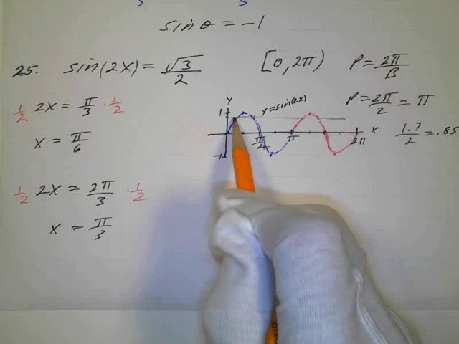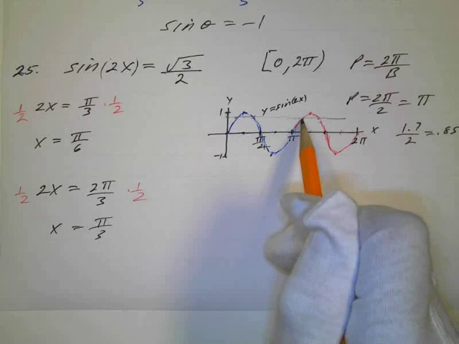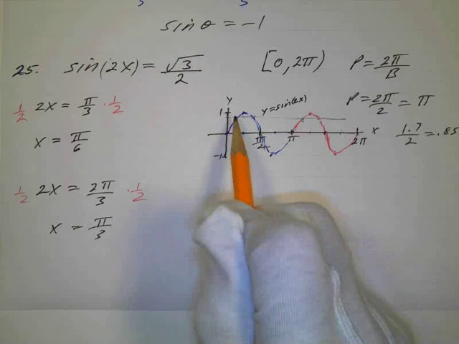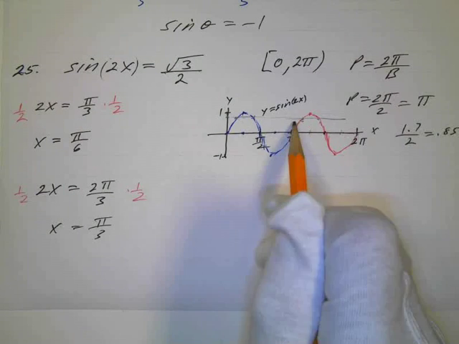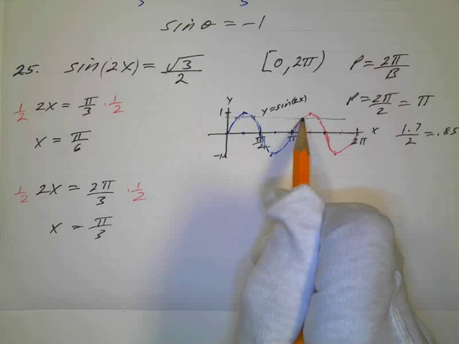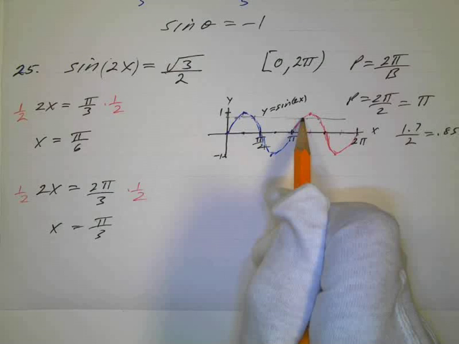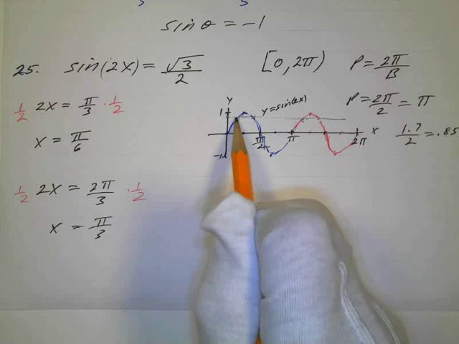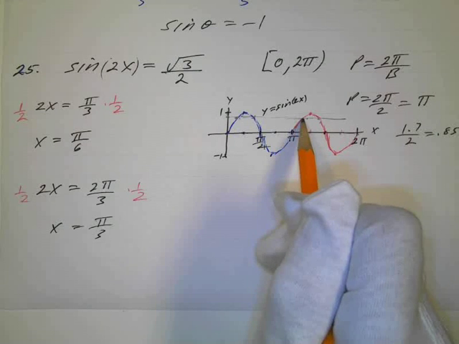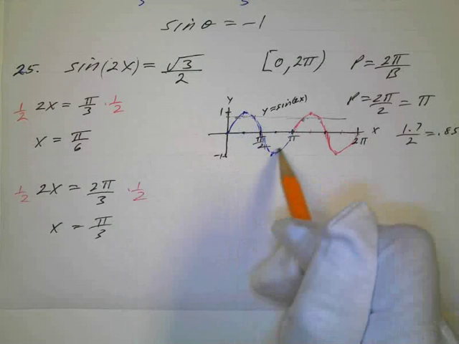But we also have these two values. Now it's really easy to see this. This is in the same position of the function, it's just shifted over by pi, because that's the period. So I would add pi to this, because of the period, to get the next cyclical value, or the next time it's this height in the function.